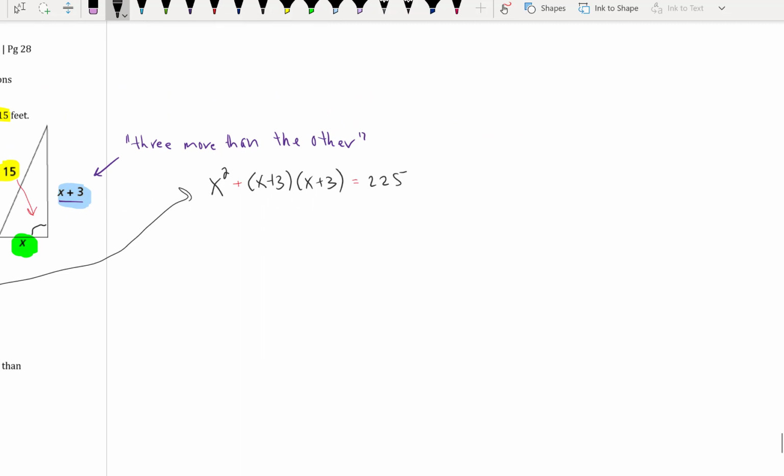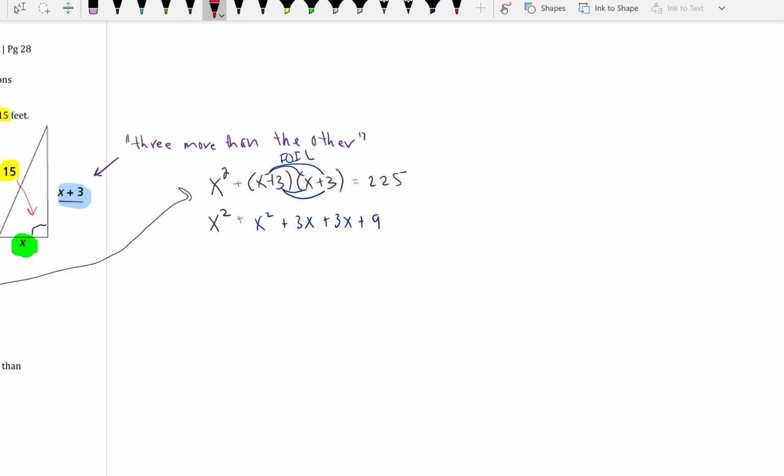So over here on my scratch paper, this is what I have. What I want to do is FOIL this middle term out. So I'm going to do my first, my outer, my inner, and my last. Don't forget you still have that x squared over here. Now when I FOIL that, I did my first, so that's x squared, my outer, so that's 3x, plus your inner, plus your last.